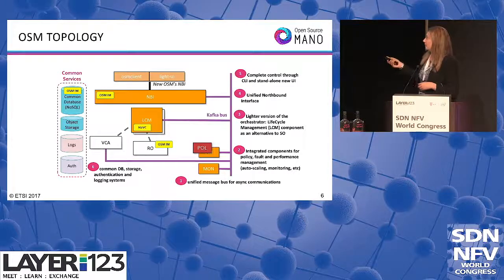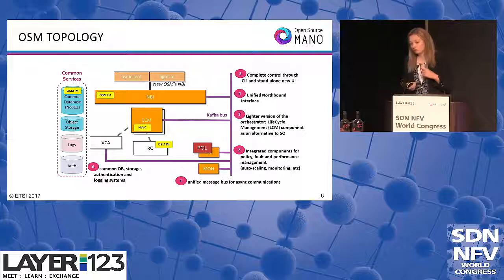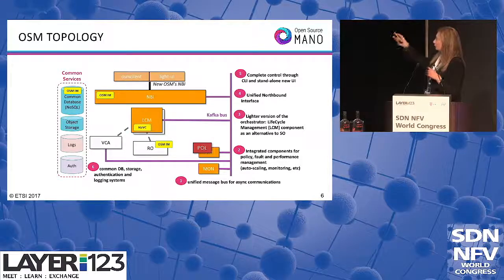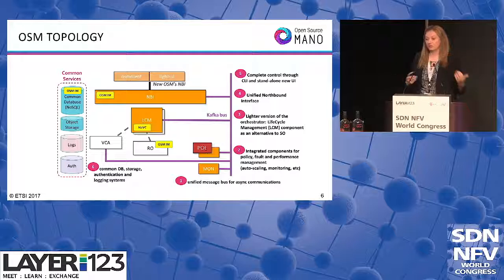from the north end. We have the lifecycle control module here, or LCM, and in that is our N2VC component that I mentioned previously. All of these components leverage a shared Kafka bus. So this was also new in OSM release 4, and we're going to continue with this in release 5, where all of these elements can leverage the same bus, and that's how they're able to intercommunicate with each other.